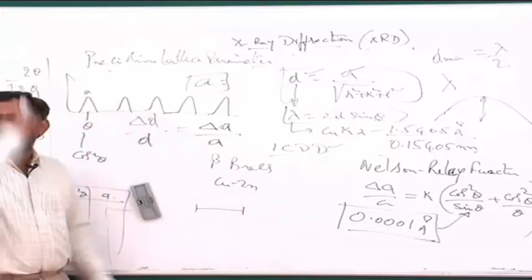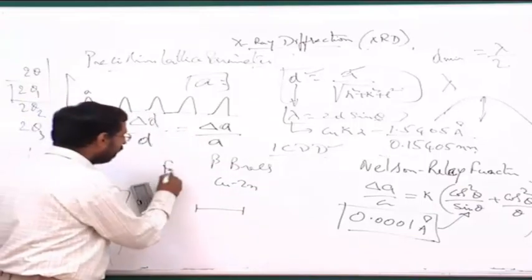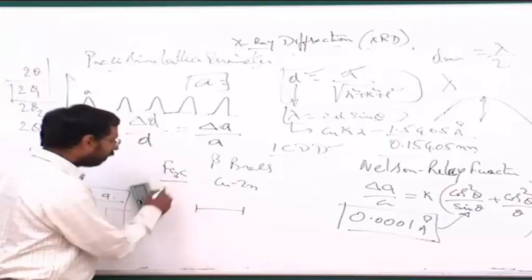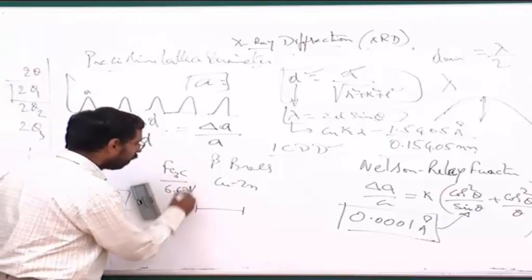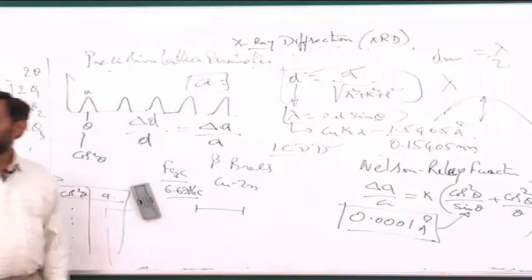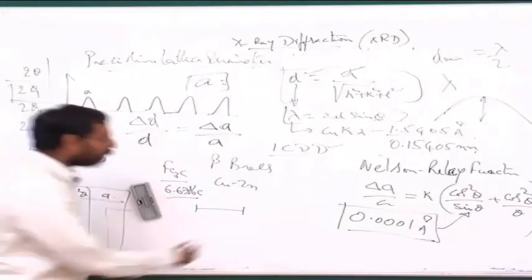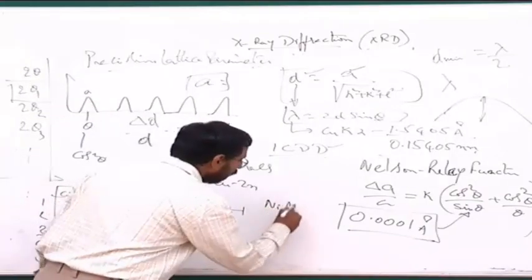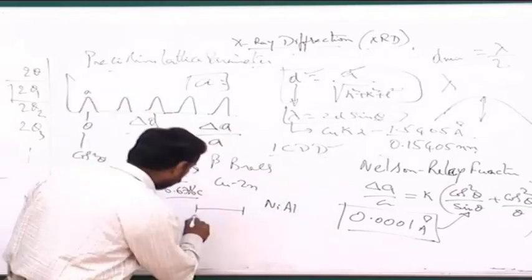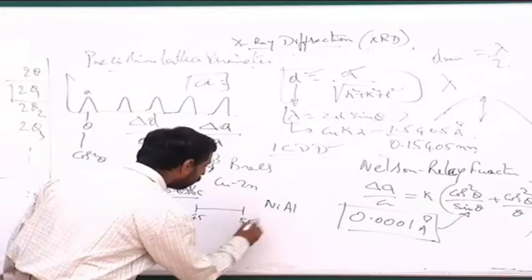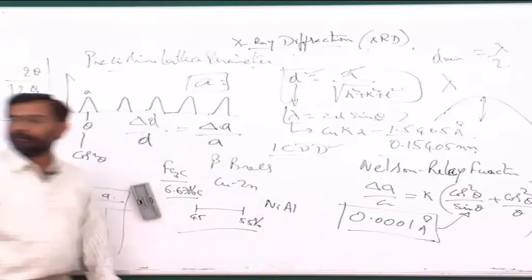It is not a fixed compound. It is not like Fe3C, which has a fixed composition of 6.67% carbon. There are also many other compounds. For example, NiAl in a nickel aluminum phase diagram exists over a range of 45% to 55% of nickel.